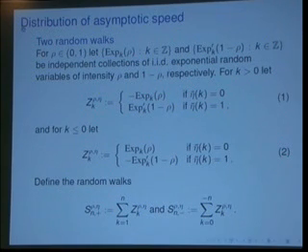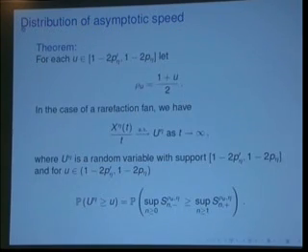Now, how can these random walks be used to describe the distribution of the asymptotic speed? That's in this theorem. If you look at the particle intensities to the left of 0 and to the right of 0, then you can show that the random speed is always in between these two values. So we will end up with a random variable with this support.